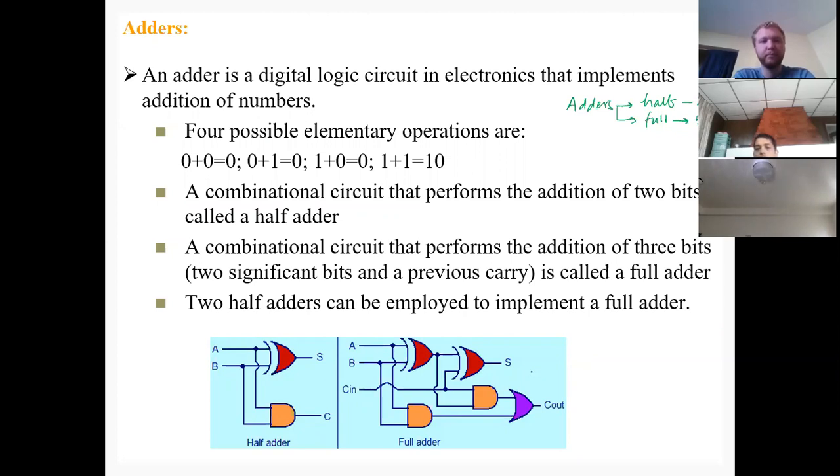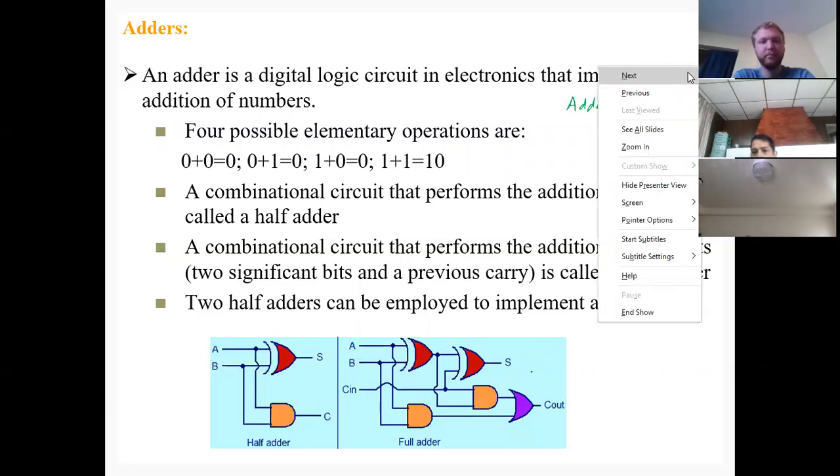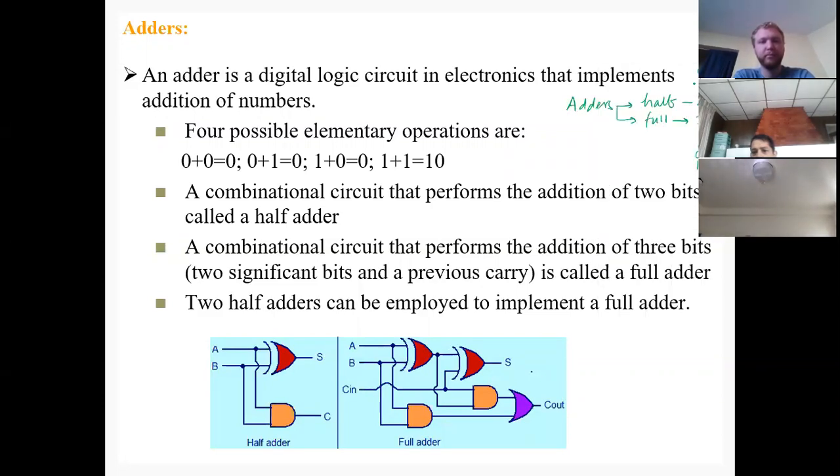When I say 3 bits, I'm saying these 3 bits, 1, 0, 1, for instance. When I say 2 bits, I'm saying 0 and 1, something like that. This is 2-bit addition, this is 3-bit addition.